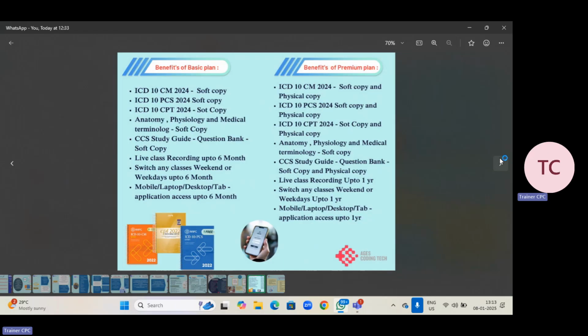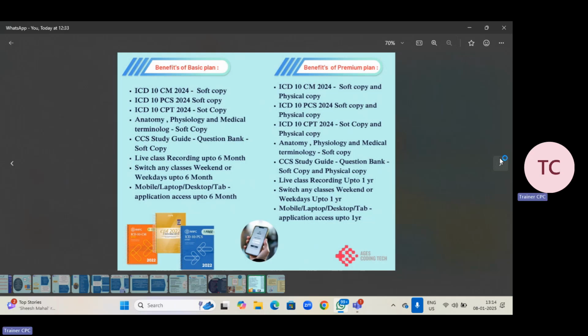So the three coding books, the anatomy, physiology, and medical terminology book, as well as the CCS study guide. These five materials you will get as soft copies in case of the basic plan. Whereas if you opt for the premium plan, we provide soft copies as well as hard copies, so physical copies also.